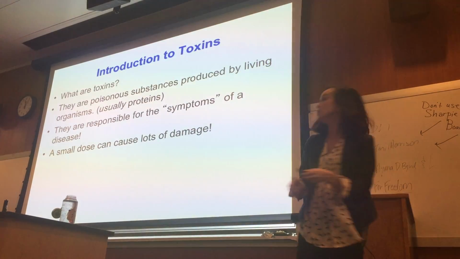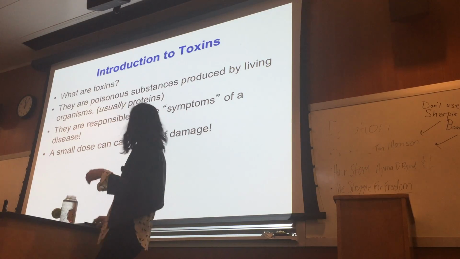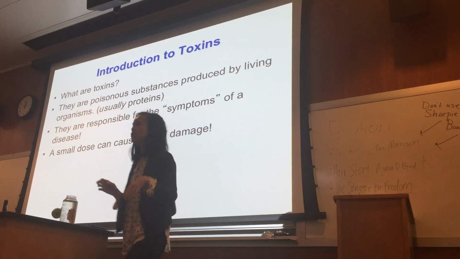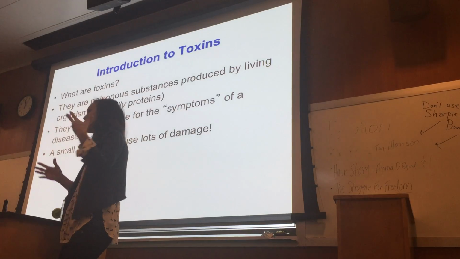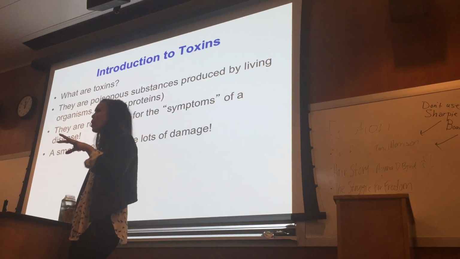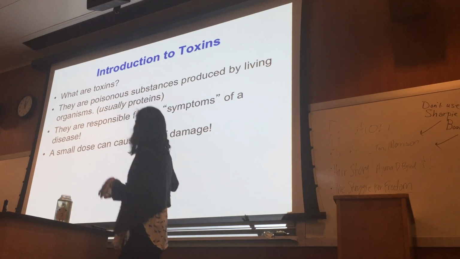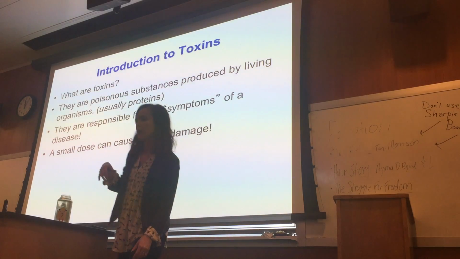The other thing too is that they are super potent. We talked about potency on Monday. We used the terms ID50 and LD50 to get an idea of how potent a bacteria is. On the board, we used anthrax as an example.